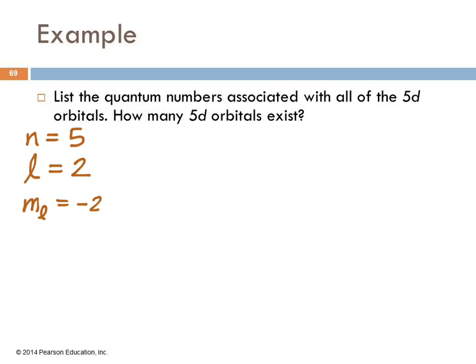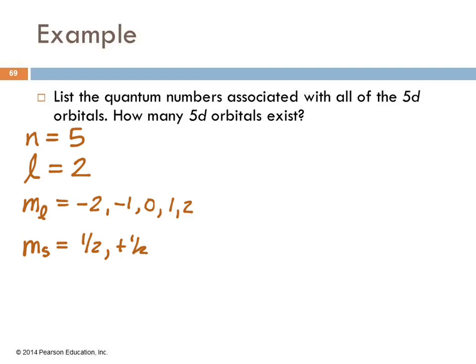So minus 2, minus 1, 0, 1, and 2. And then M sub S is actually just about the electron, right? So that doesn't really specify an orbital. That talks about the orientation of the electron, the spin of the electron.